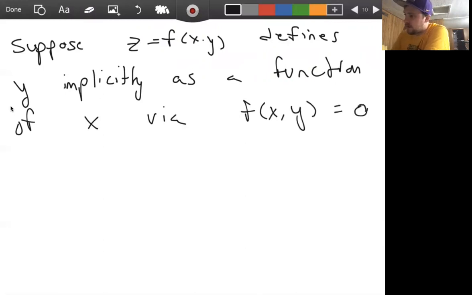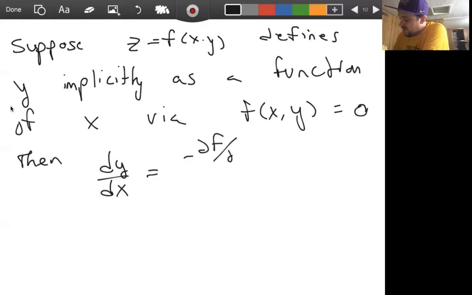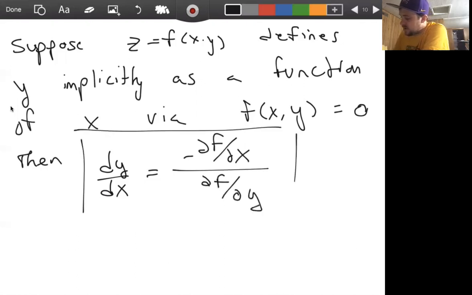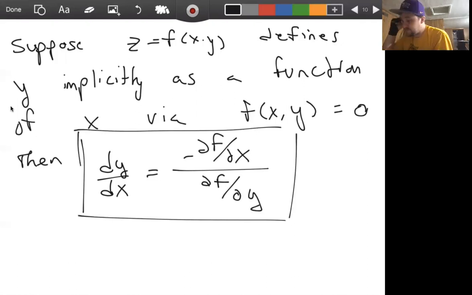Here we have f of x, y equals 0. Then the implicit derivative dy dx is given by negative partial f partial x over partial f partial y. And so you can calculate dy dx by taking the partial derivatives and then throwing a negative into the numerator.